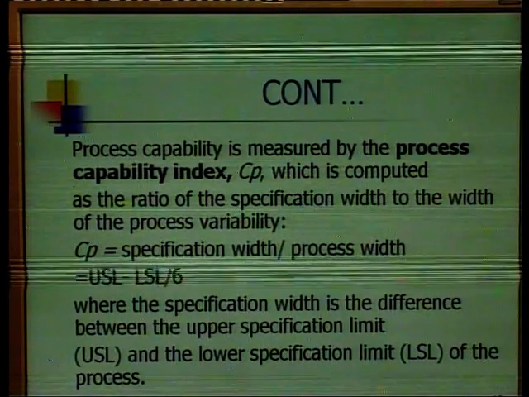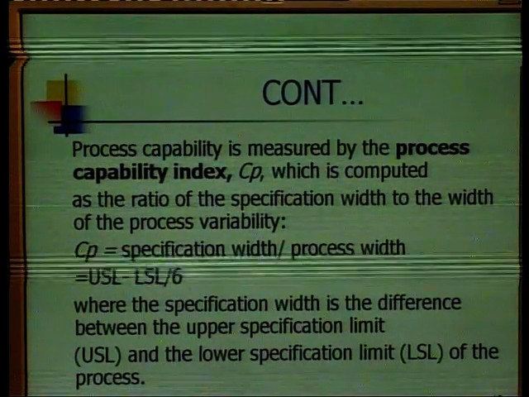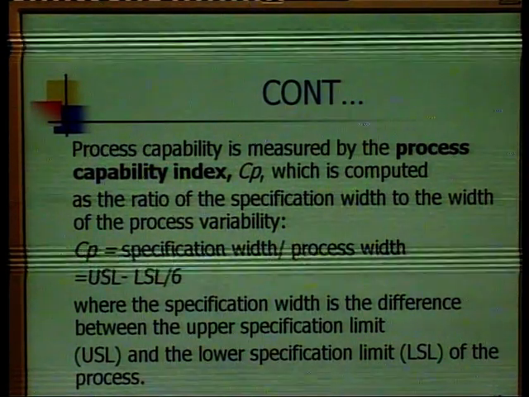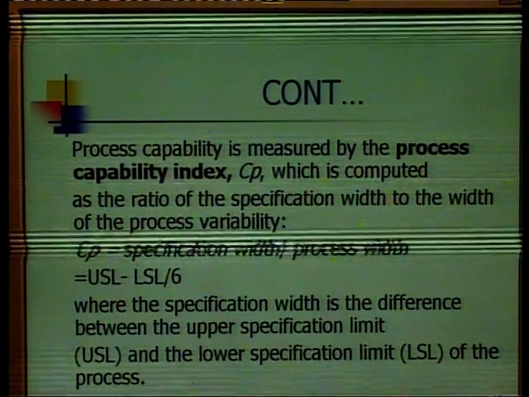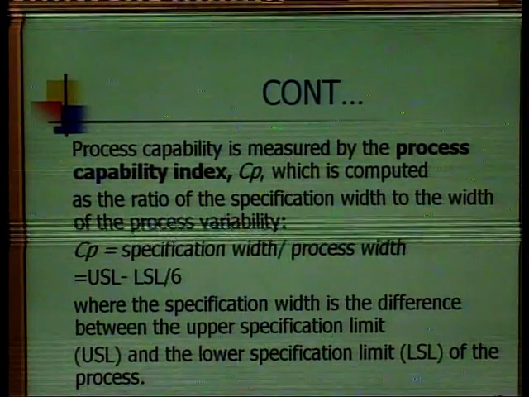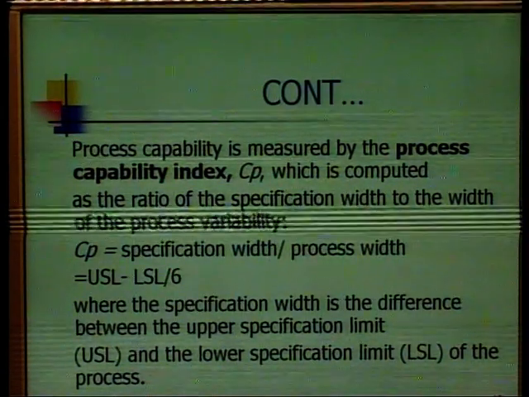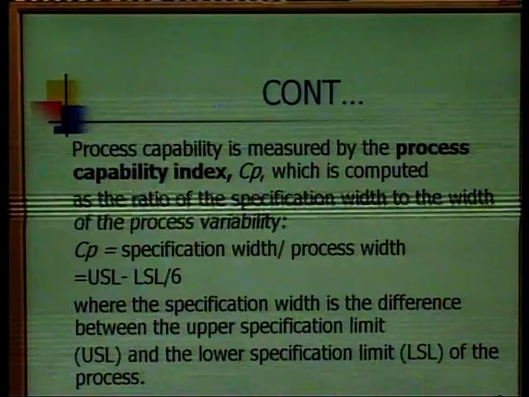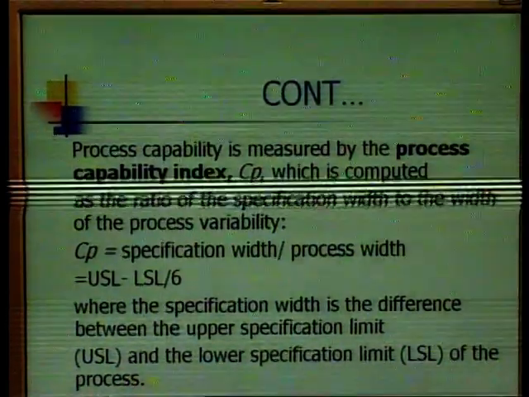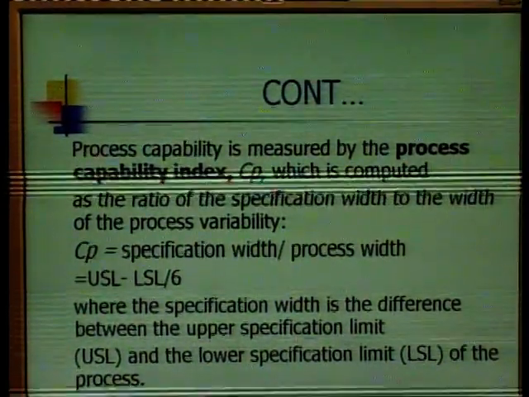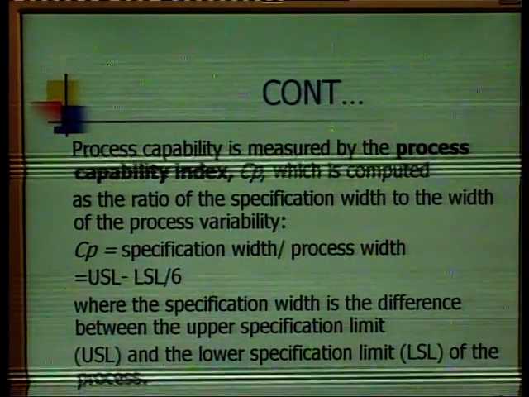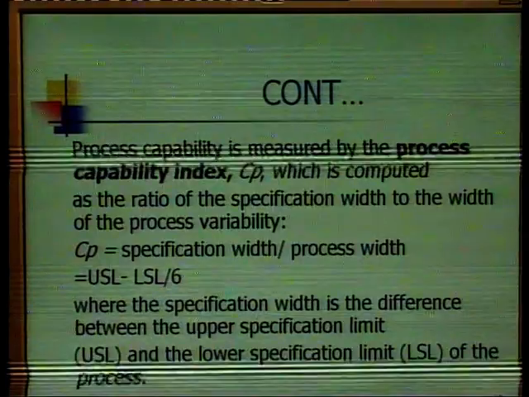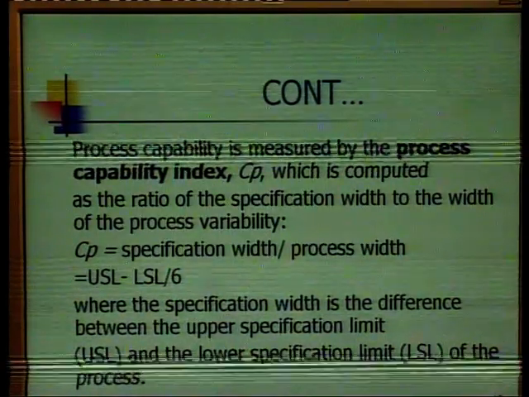Now, what is process capability? Process capability is measured by the process capability index Cp, which is computed as the ratio of the specification width to the width of the process variability. Meaning, Cp is equal to specification width over process width. Specification width is the difference between the upper specification limit and the lower specification limit of the process.